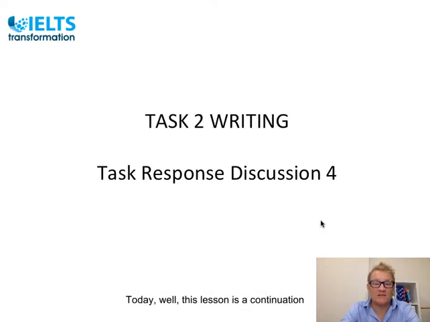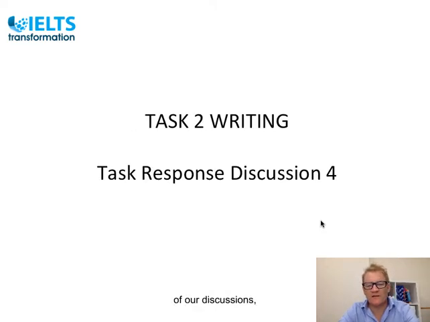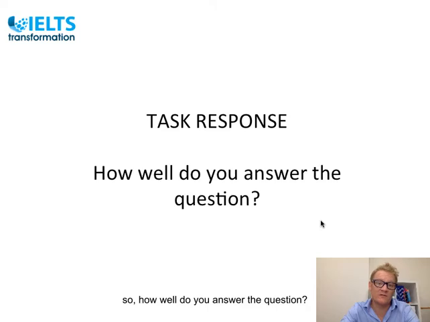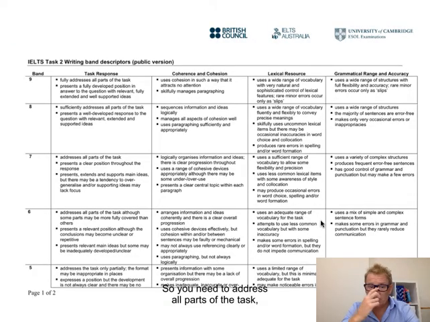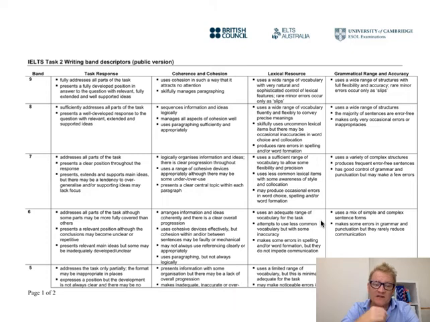Today, this lesson is a continuation of our discussions. So this is focused on the task response in Task 2 in the essay. So how well do you answer the question? You need to address all parts of the task, present a well-developed response for an 8.